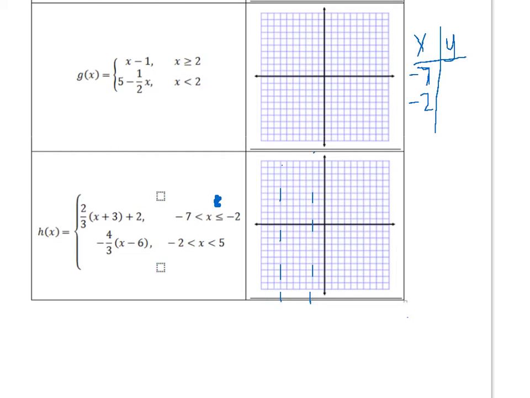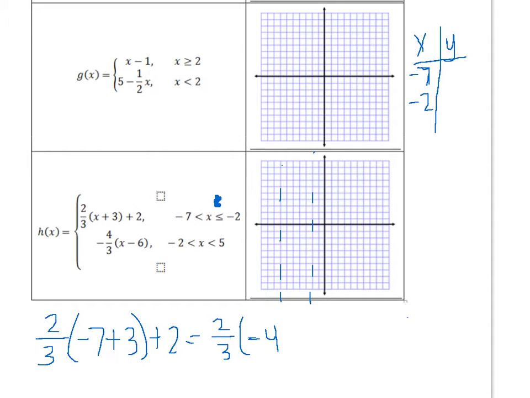And I'm going to use order of operations. So moving down here, I've got 2/3 times (-7 plus 3) plus 2. If I'm evaluating the parentheses first, -7 plus 3 is -4. So I really have 2/3 times -4 plus 2. 2/3 times -4 is -8/3.